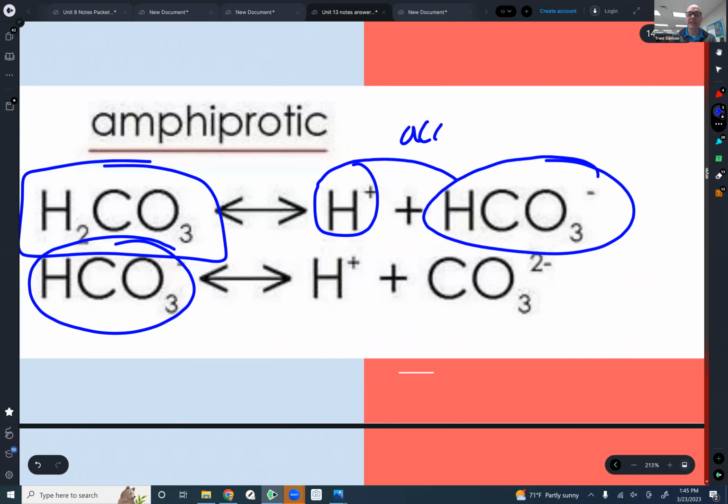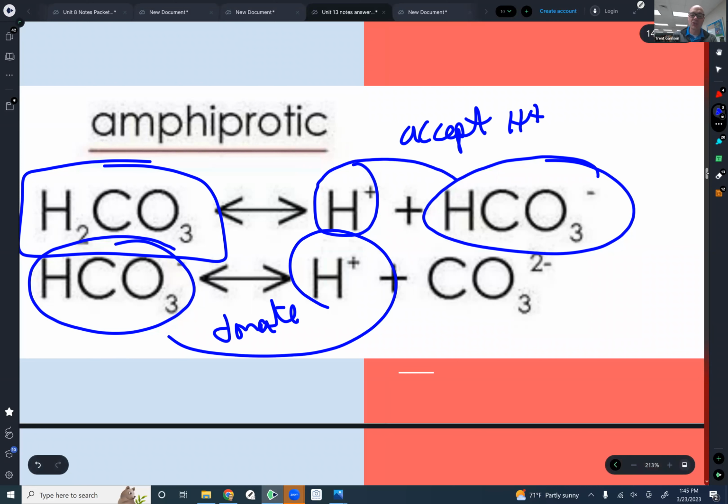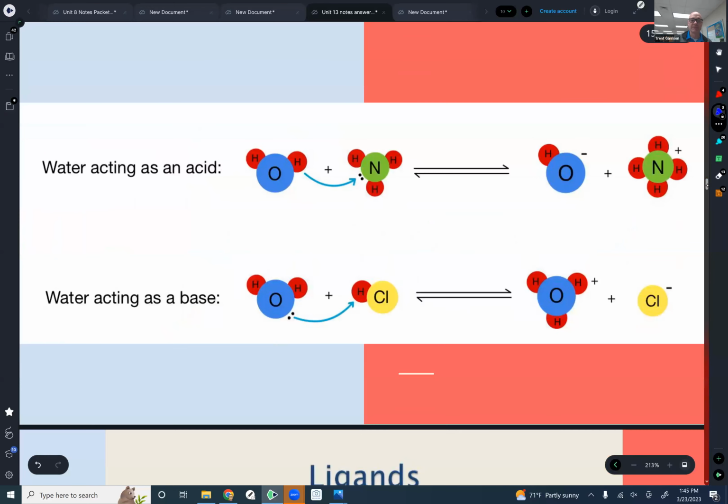So accepting an H, or it could donate an H. So in this case, it donated the H. It left off an H. In the other case, it accepted the H. So amphiprotic means either accepting or donating H's. That means that this HCO3 is both an acid as well as a base.